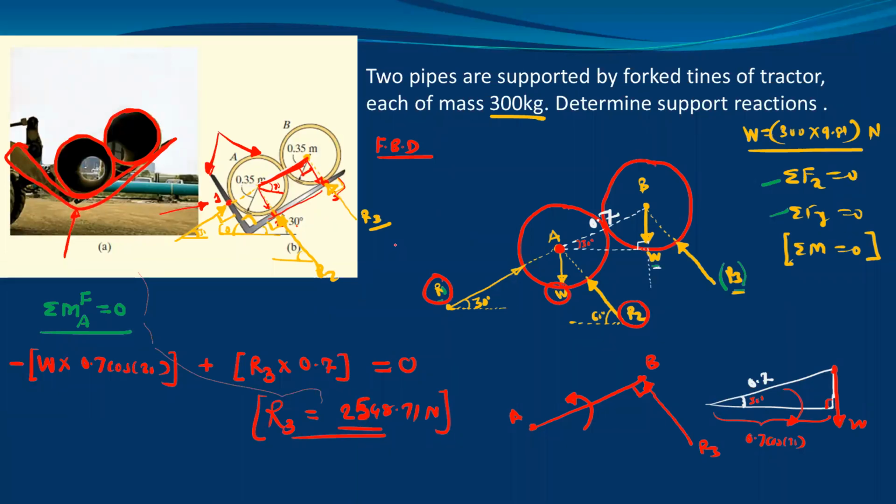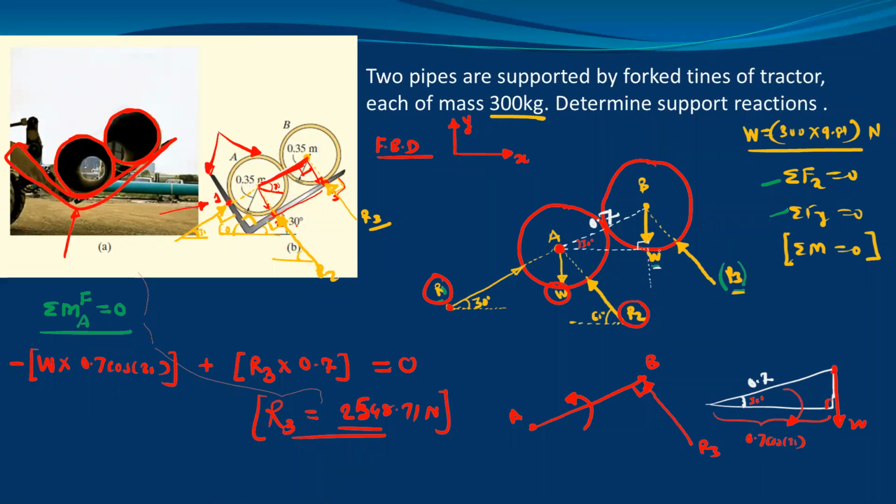After that, you can use summation Fx equals 0 and summation Fy equals 0. For that, we need to resolve the forces. Okay, so this is your reference x-axis, and this is the reference y-axis. The reactions which are inclined with this standard reference axis, resolve them.